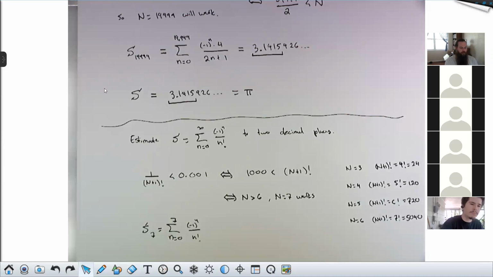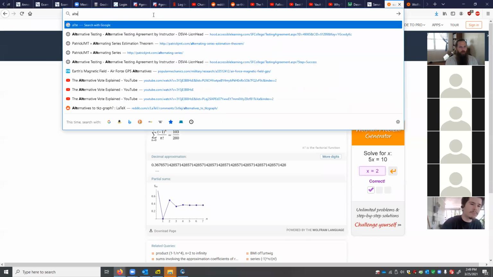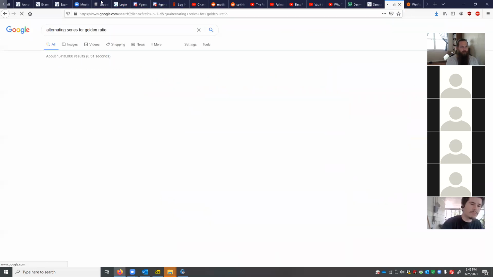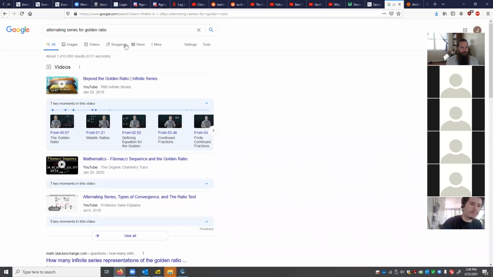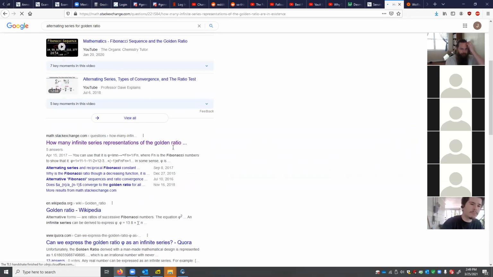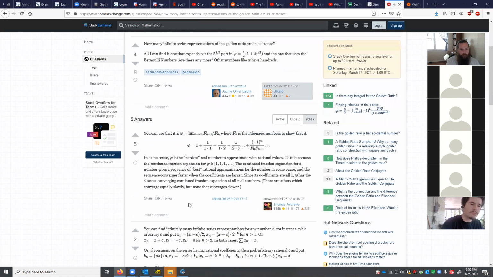It's a good question. Is there an alternating series for the golden ratio? Maybe. Probably. I'm not sure. Yeah, I mean, there's likely many different infinite series representations for the golden ratio.